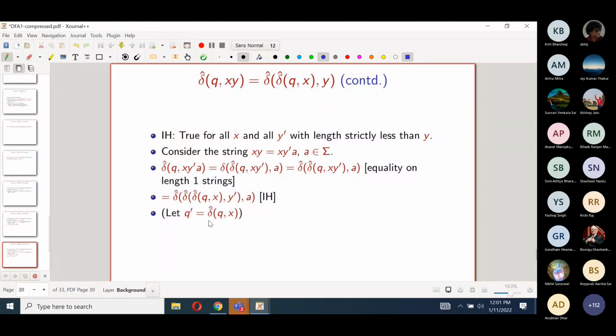Now you assume delta hat qx to be q dash. So you replace that expression, you simplify it to say delta hat of delta hat q dash y dash comma a. And now again a is a length 1 string, so you can write this as delta hat of q dash y dash a.